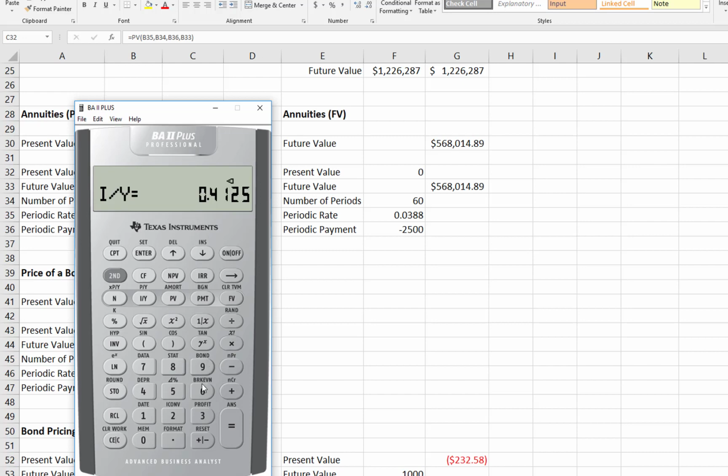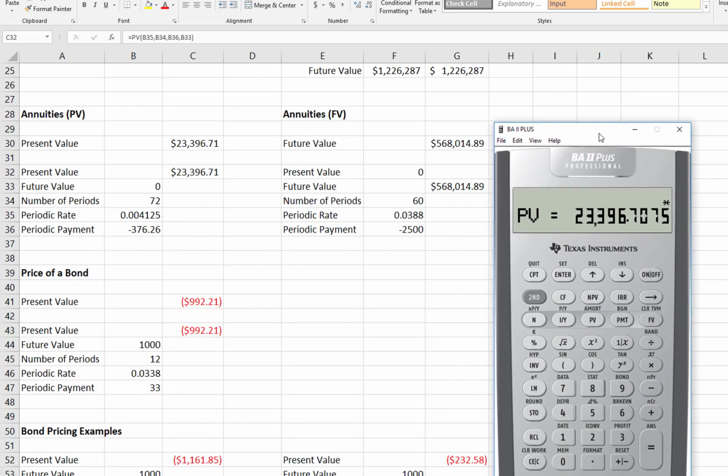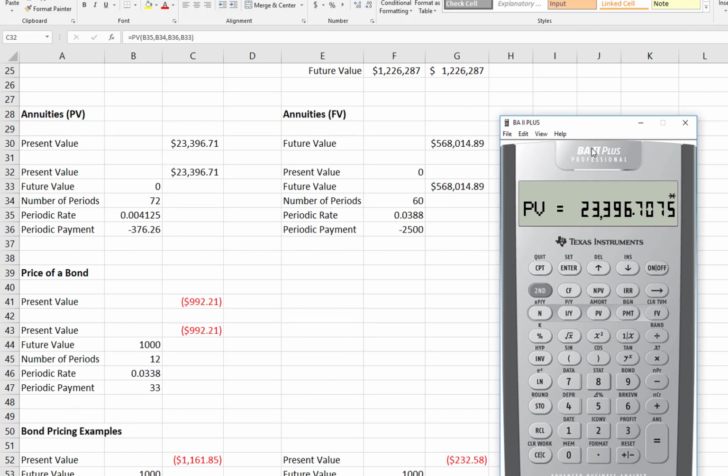The payment is $376.26, and we want to put a negative sign there for the payment. No future value. We want to go ahead and stick that in. Hit the present value and compute. Present value, sorry. And $23,396.71.